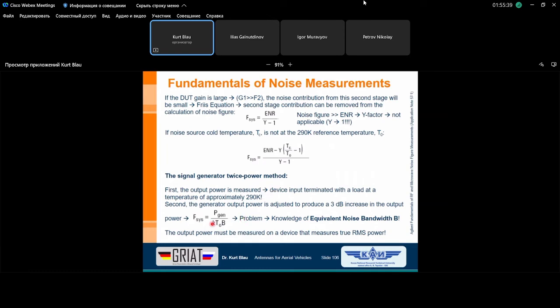This is what we have to know, and now we can go back to this equivalent noise bandwidth, the B. Also, our power amplifier has, for instance, a bandpass characteristic. In a lot of cases it can have a low pass characteristic, but in a lot of cases we have bandpass characteristics.